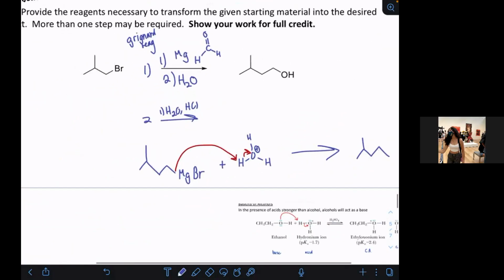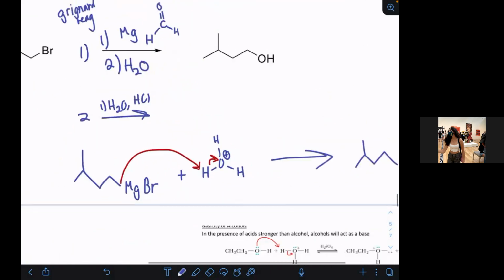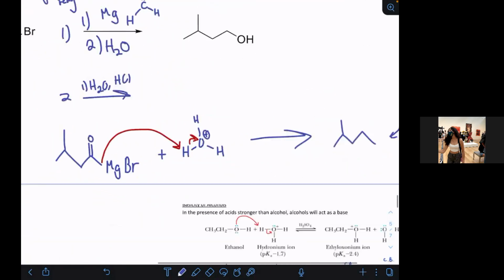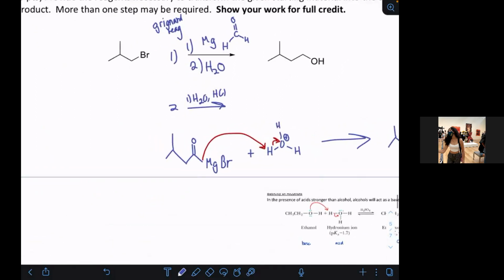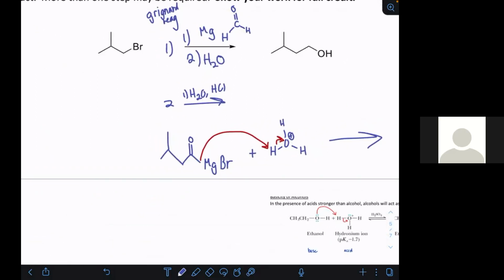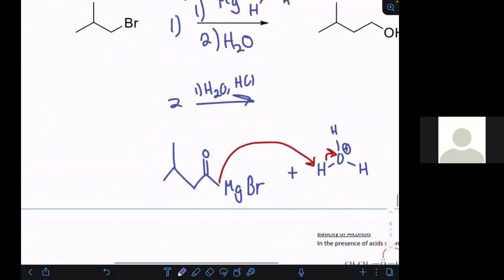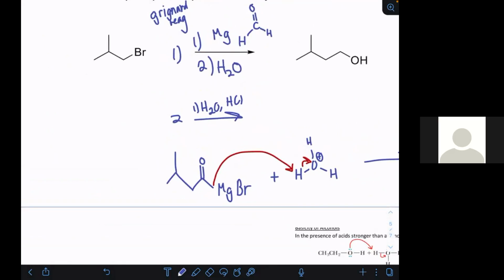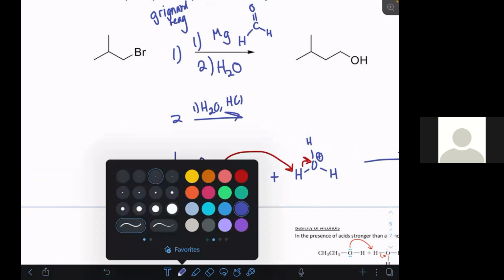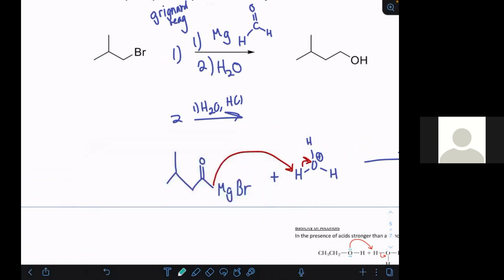Okay. So when the Grignard reagent reacts with this thing, the double bond for the oxygen is going to break.